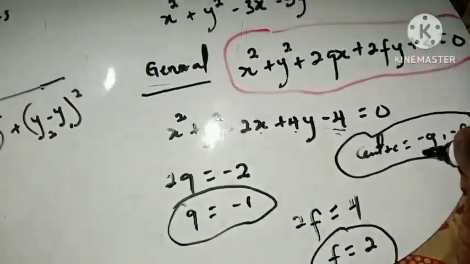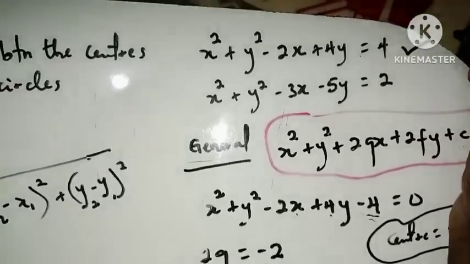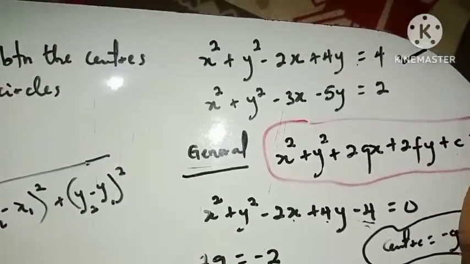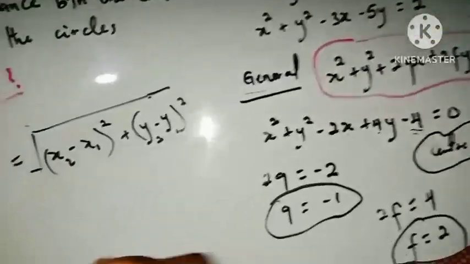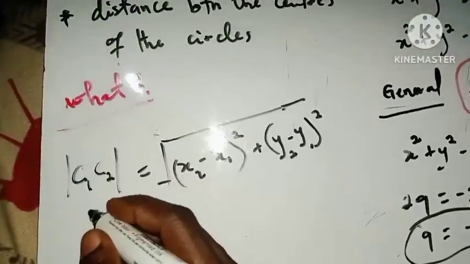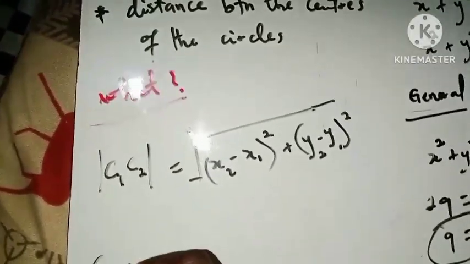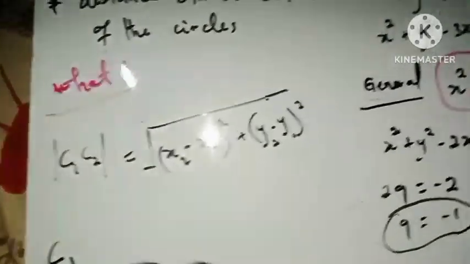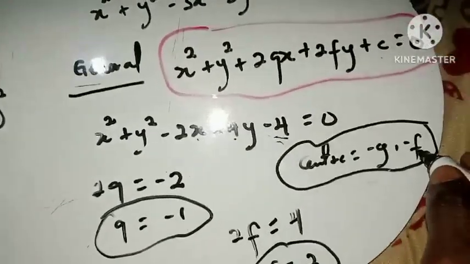So the center here is for the first equation, so this is the equation that we are dealing with. Is that okay? At the beginning I said that let's name the first center to be c1, so we have the first center equal to, that is the definition of the center, negative g and then negative f.